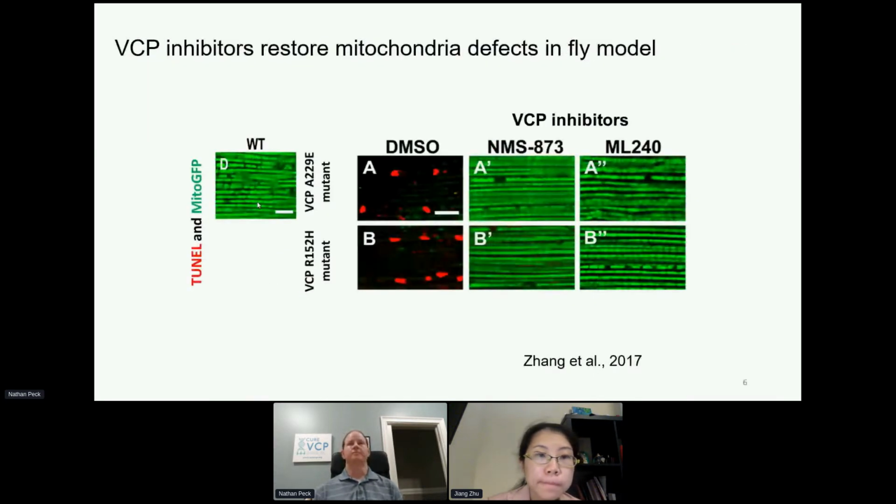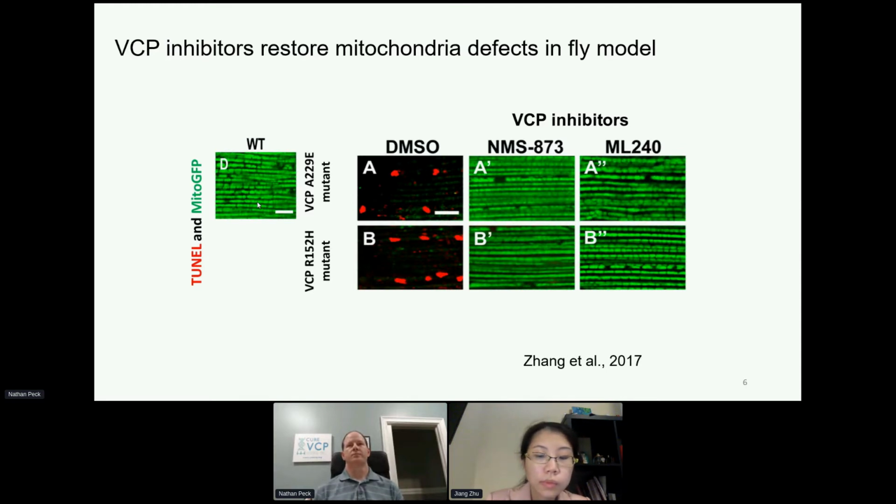Next. Physiologically, people have suggested that VCP inhibitors could be potentially efficacious in the fly model. And this is a study by UCLA, Dr. Ming Guo's lab, where they created fly models containing the most common mutation of VCP, VCP-R155H, and the most severe mutation of VCP, VCP-A232E, and then they characterized the muscle structure of these fly models.